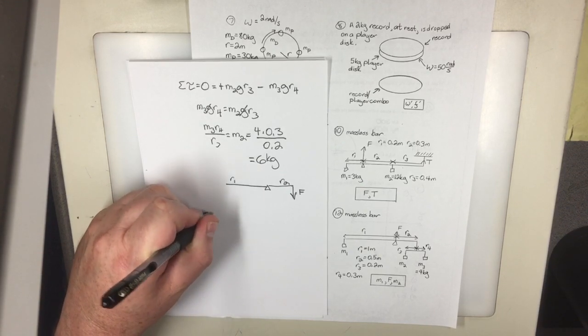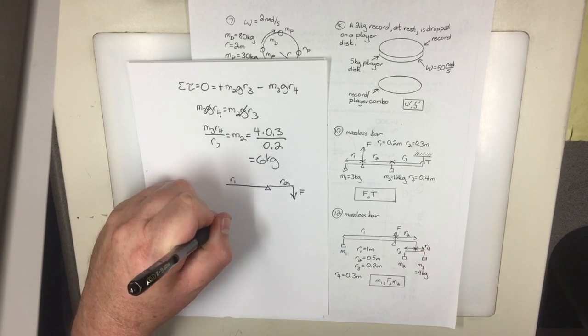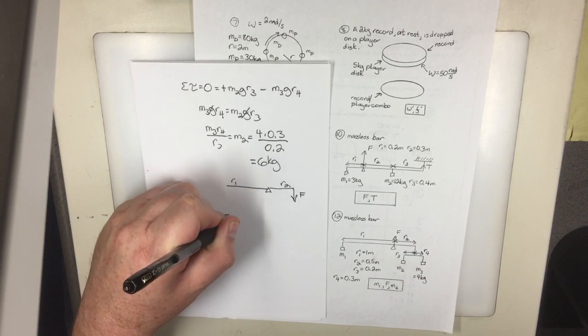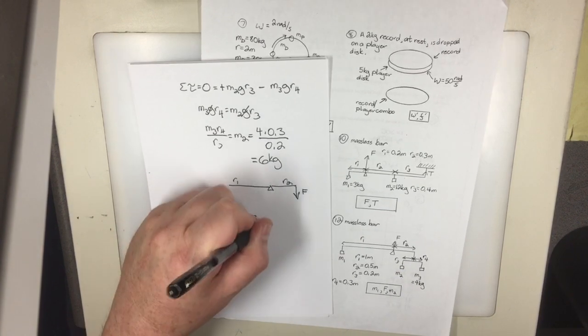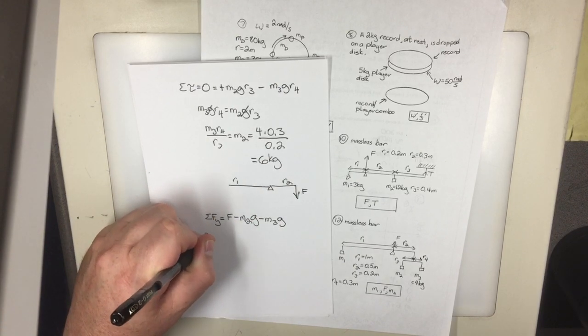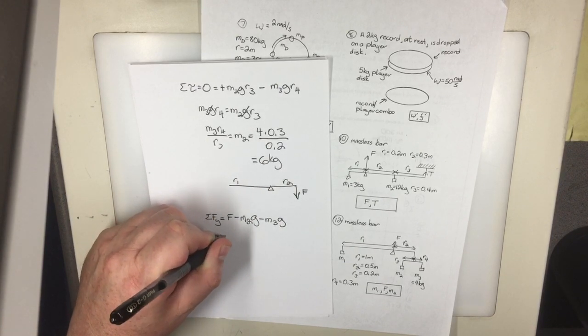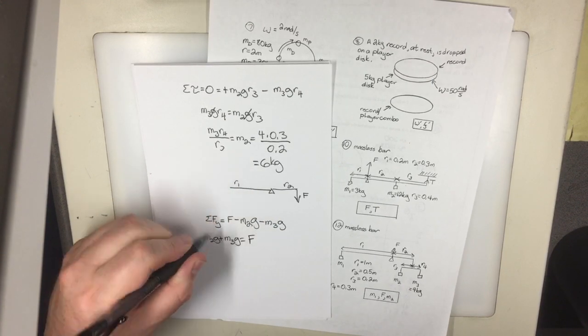So the sum of the forces in Y on just that one point here is F minus M2G minus M3G. So F equals M2G plus M3G.